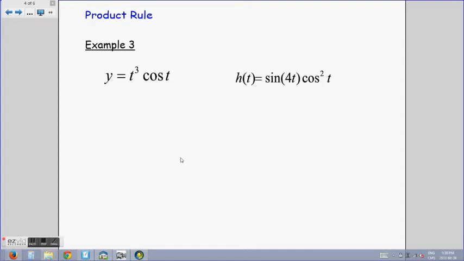Let's look at using the product rule in differentiating sinusoidal functions. So example number 3. We are looking at y is equal to t cubed cosine t. Okay, so in this case, our independent variable is t. So I've kind of thrown in different ones because we don't want to get too used to always using x as our independent variable.